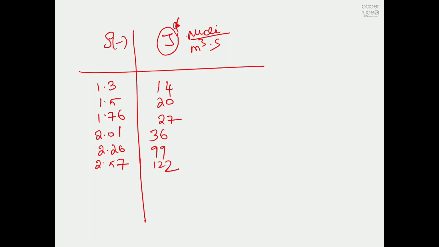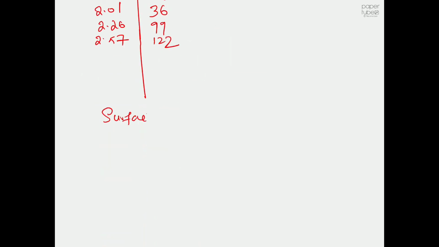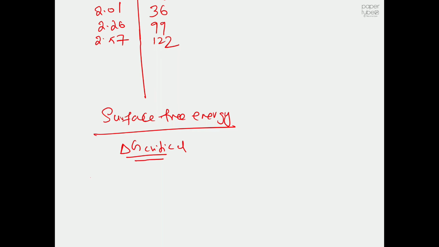So now we can calculate something which is difficult to measure using some analytical probe, for example, surface free energy. Because some crystals are growing inside the solution, how do we get the surface free energy of those nuclei inside the solution, and also how to calculate delta G critical, the critical free energy. That's what we are going to do.